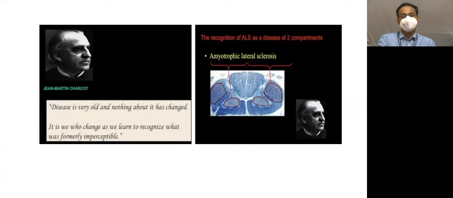He recognized that motor neuron disease has two components to it. There is a lower motor neuron component, which is characterized by the anterior horn cell damage, and the spasticity component is characterized by the sclerosis of the pyramidal tracts in the lateral column. So hence the name amyotrophy, meaning wasting, and lateral sclerosis indicating that the pyramidal tracts are involved.